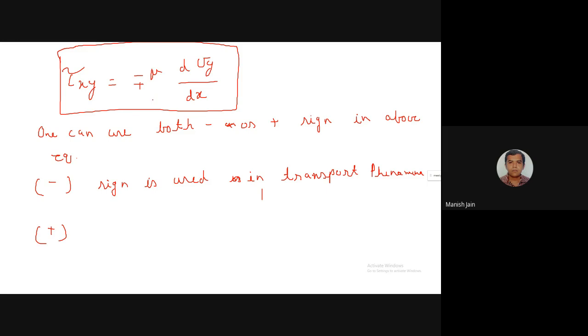In any transport phenomena book, you will find tau xy equal to minus mu dv_y by dx. So that is only the difference in notation.